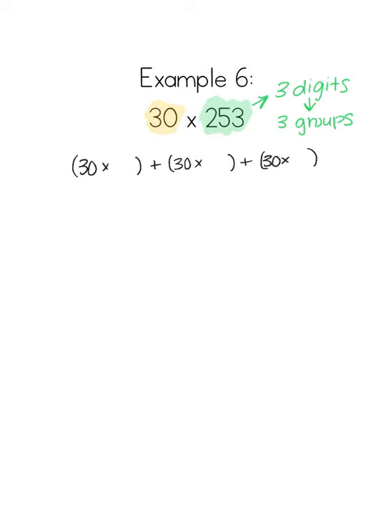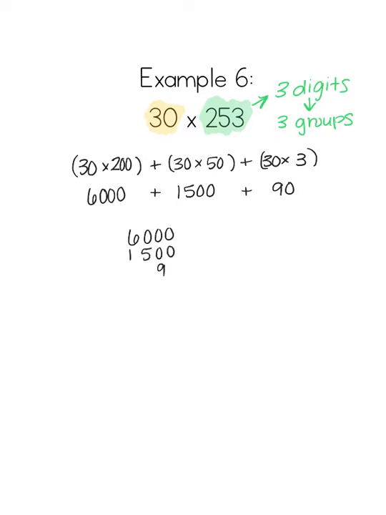And then we'll break 253 up by place value. So it breaks up into 200, 50, and 3. The next step is to multiply. And the last step is to add. So my final product is 7,590.